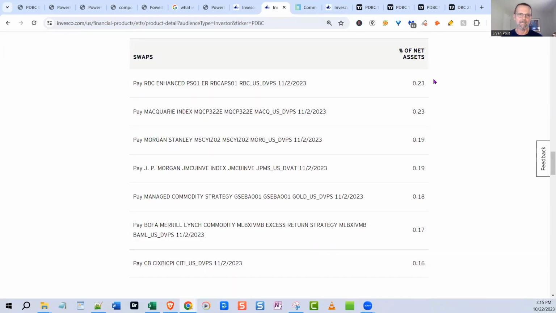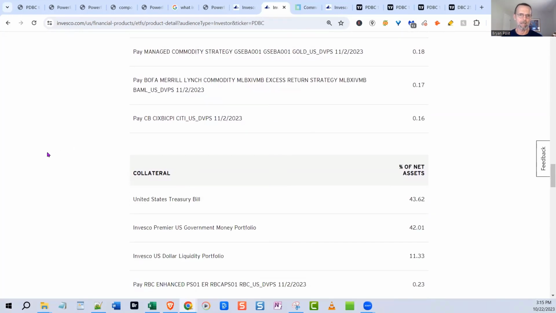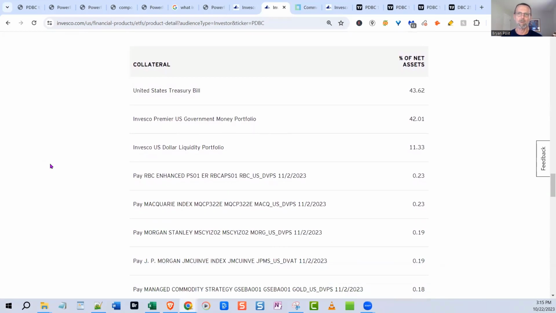I'm emphasizing the risk in swap contracts, but it's a very small percentage of the overall portfolio. So not a lot of exposure to swap contracts. And this is what they're using for collateral, because again, when you're trading in futures markets, swap markets, you have to put up collateral.